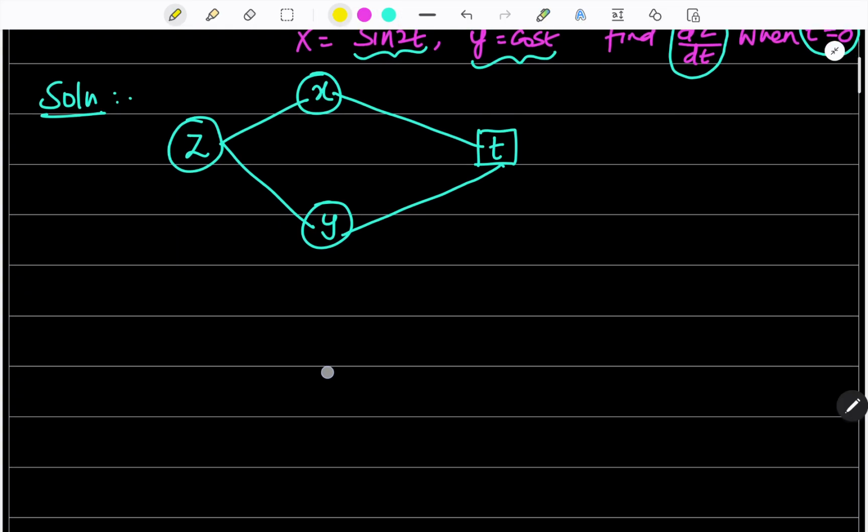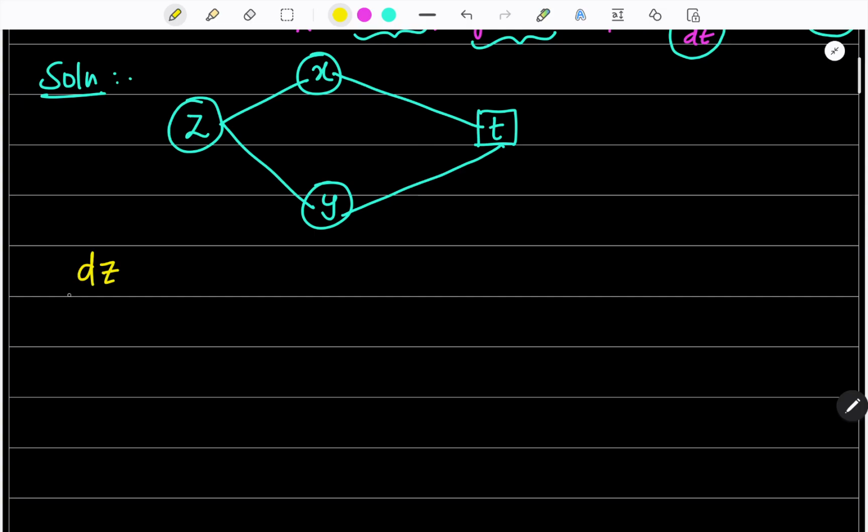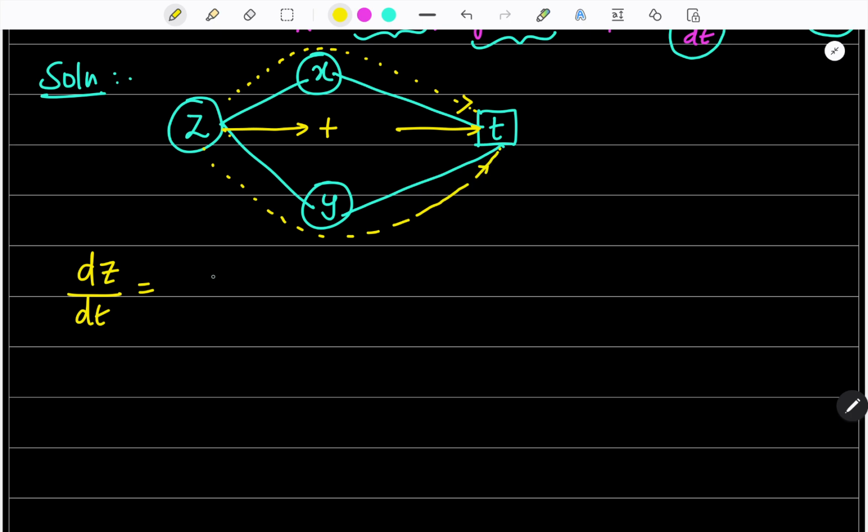So we are going to write the formula. dz divided by dt equals, going in this direction to reach the landing variable or destination, plus going in this direction to reach the landing variable t. So start: dou z divided by dou x, because z is a function of two variables, so I'm using dou.